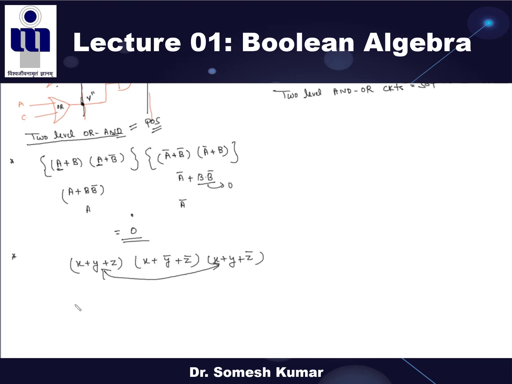In these two terms, right? So x plus y, what is inside now? Basically this thing. X plus y, second one is x plus y bar, right? This is this thing. Basically, if you represent this thing as x plus y or x plus y bar, right? So what is this? Only x plus y we can write, right?